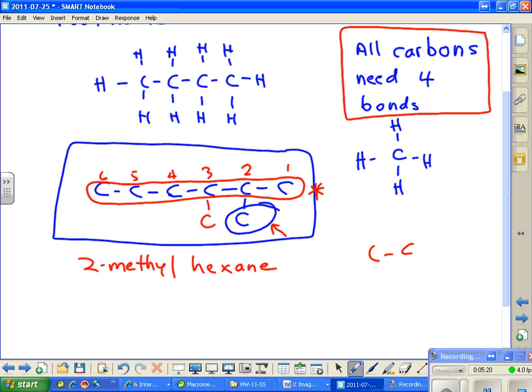If I were doing an ethyl, I would do it like this. That's an ethyl substituent. 2 carbons because that's what ethyl is. Does that make a little bit of sense? Now, let's see if I can get rid of that expeditiously.